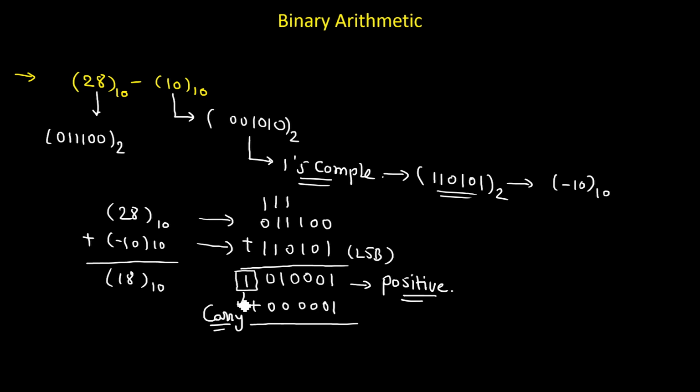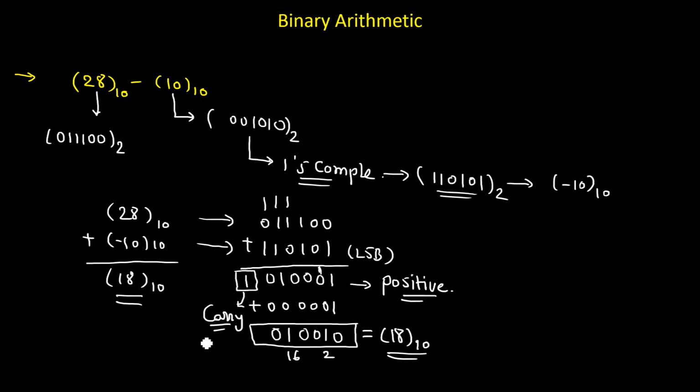So 1 plus 1 is equal to 0 and we get 1 carry, and 1 plus 0 plus 0 we get 1, 0 plus 0 is 0, 0 plus 0 is 0, 0 plus 1 is 1, and 0 plus 0 is 0. If we convert this binary number into decimal, then we get 2 plus 16 is equal to 18 in decimal. That is the final answer, as we discussed earlier.